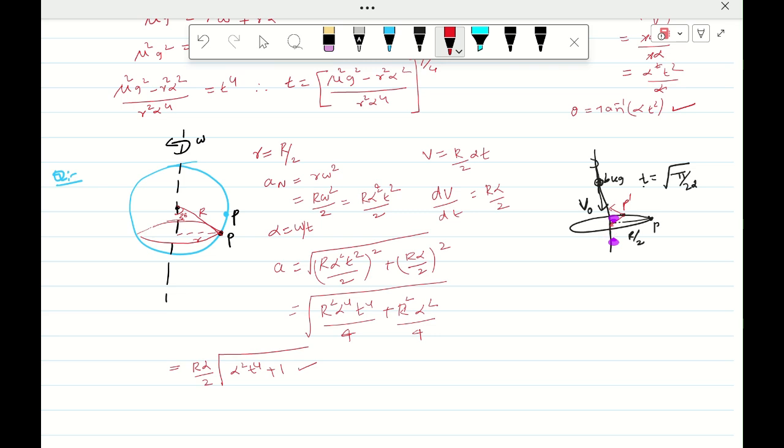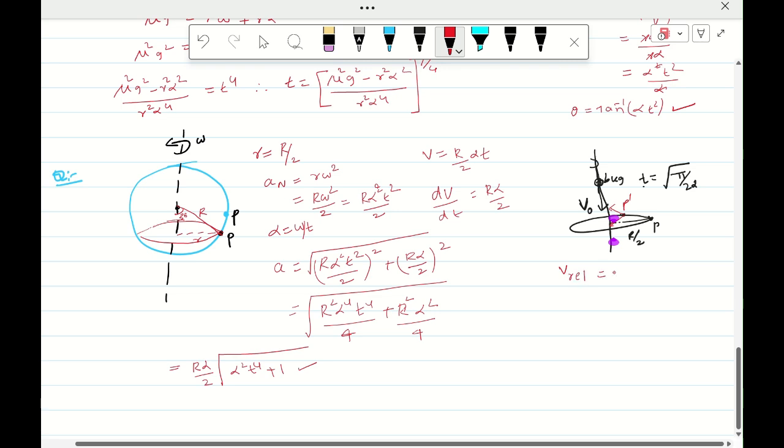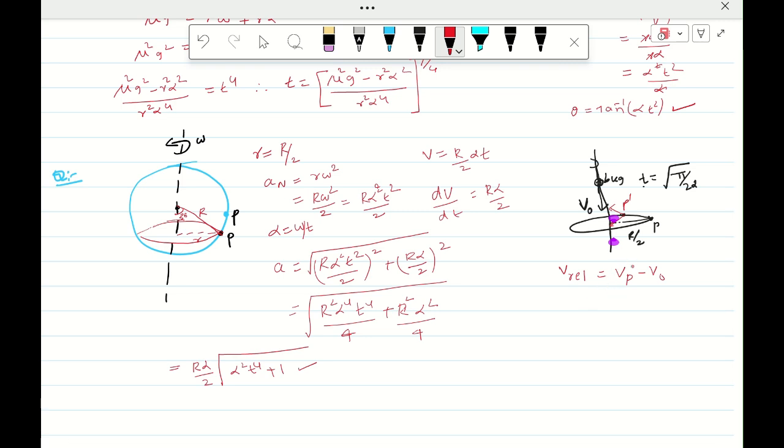And see now, if this one is observing, the relative velocity of particle p with respect to the bug is equal to velocity of particle p minus velocity of bug v naught. Now the velocity of the particle at any instant I want to find out. So let it be v, consider. You can find v is equal to root of a_n square plus a_t square, we already have got, it is at t, r alpha, r by 2 alpha.